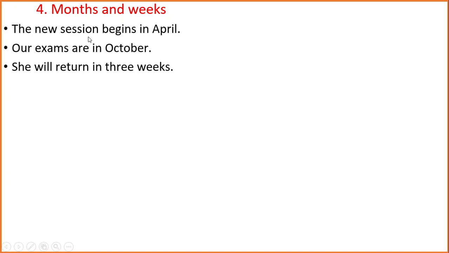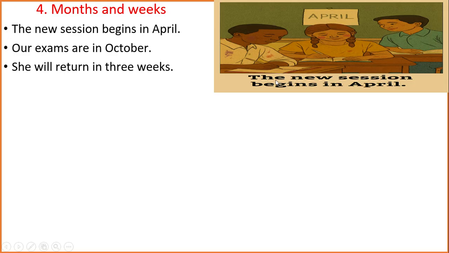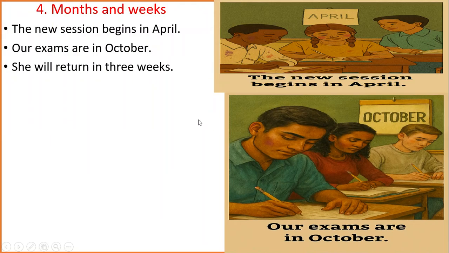Now, number 4, months and weeks. The new session begins in April. These students are talking about our new academic year, which begins in April. Next picture: our exams are in October.